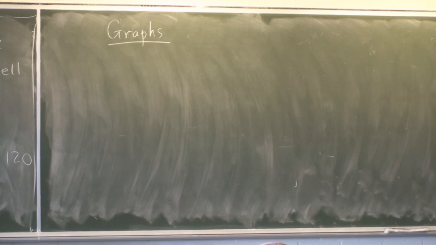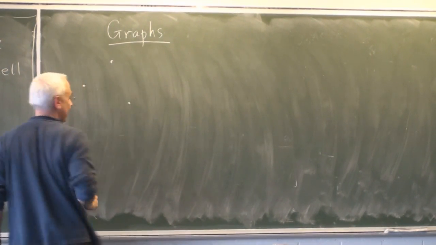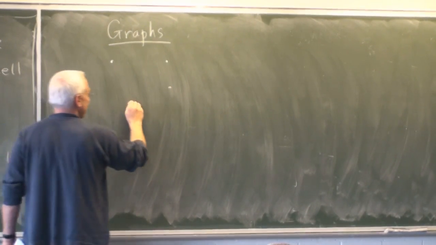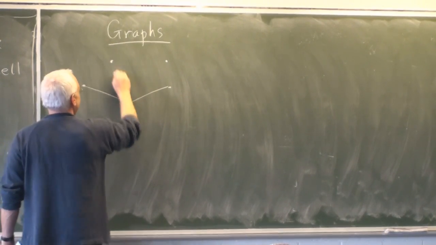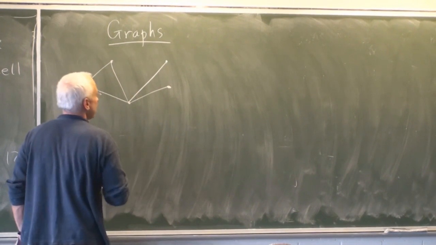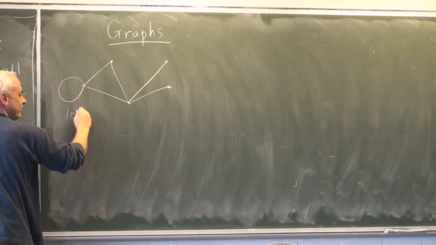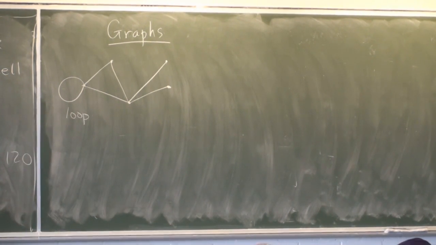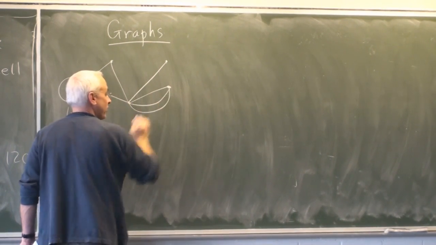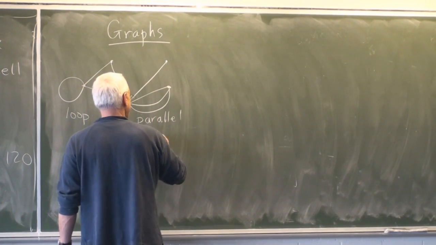Okay, so graphs. What is a graph? Well, very quickly, it's got some vertices, which are dots, and it's got some edges, which connect the vertices. Sometimes it can have loops, an edge going from a vertex to itself, or multiple edges from one vertex to another, sometimes called parallel edges.